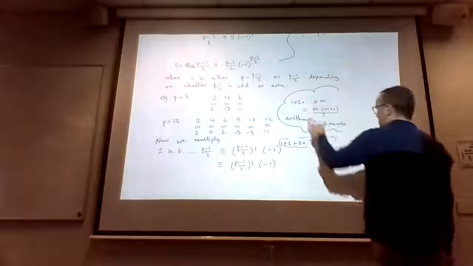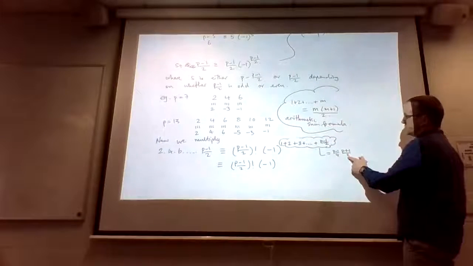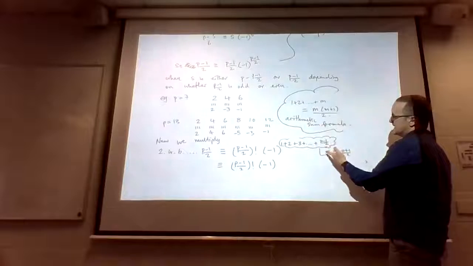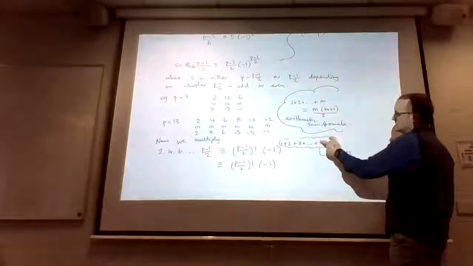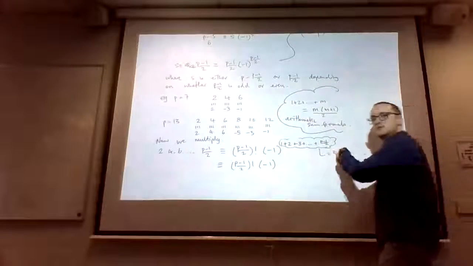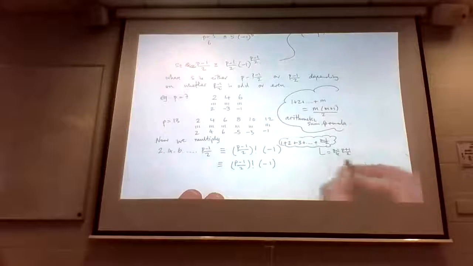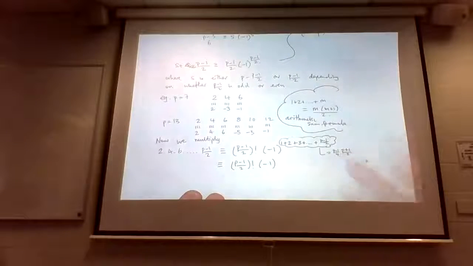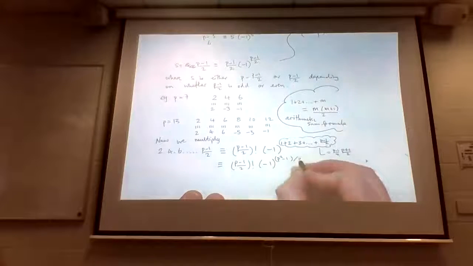So the n here is p minus 1 over 2. So the m plus 1 is p plus 1 over 2. The m over 2 is p minus 1 over 2 divided by 2 again, so p minus 1 over 4. And we can tidy that up a little bit. You've got over 8, and it's p minus 1 by p plus 1. Well, that tidies up to p squared minus 1 over 8.